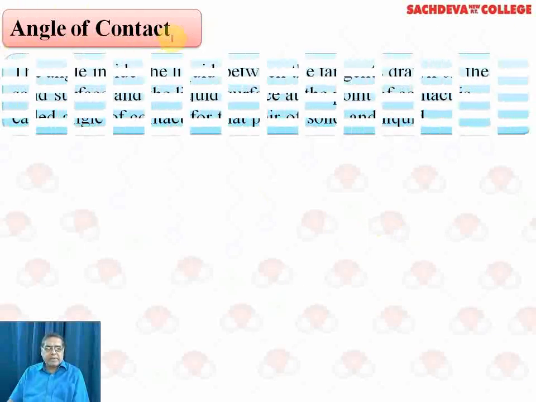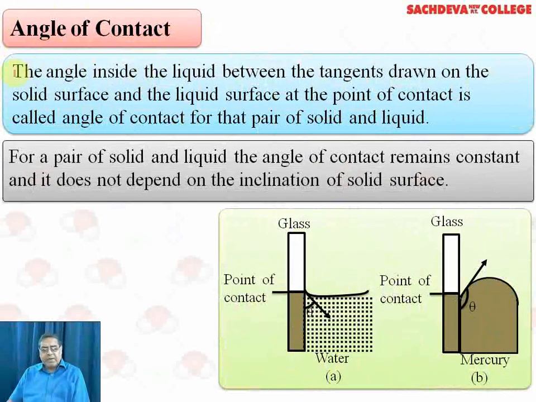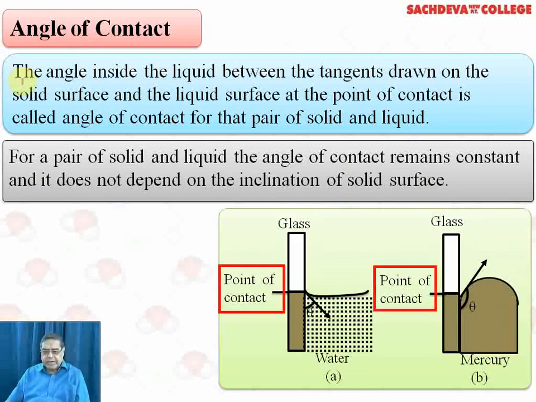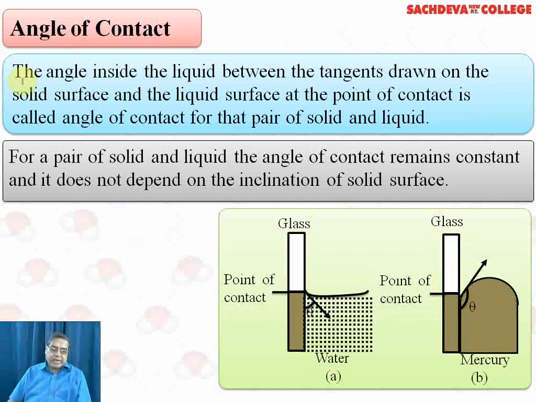Now angle of contact. To understand the angle of contact, we have to go through the figure. We have taken the two figures A and B. In one case, it is glass in the form of a tube. The point of contact is indicated, and in the left side figure there is water, and in the right side figure there is mercury. In the glass and water, at the point where the molecules are just in contact, we draw a tangent on the meniscus, and that angle is called the angle of contact.